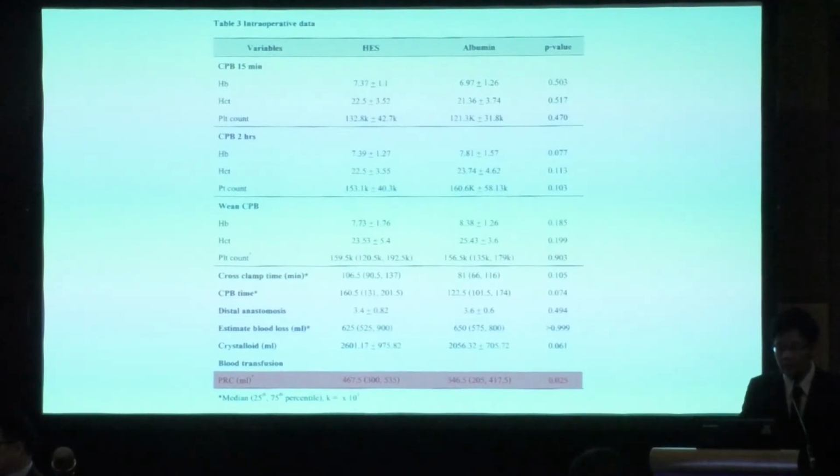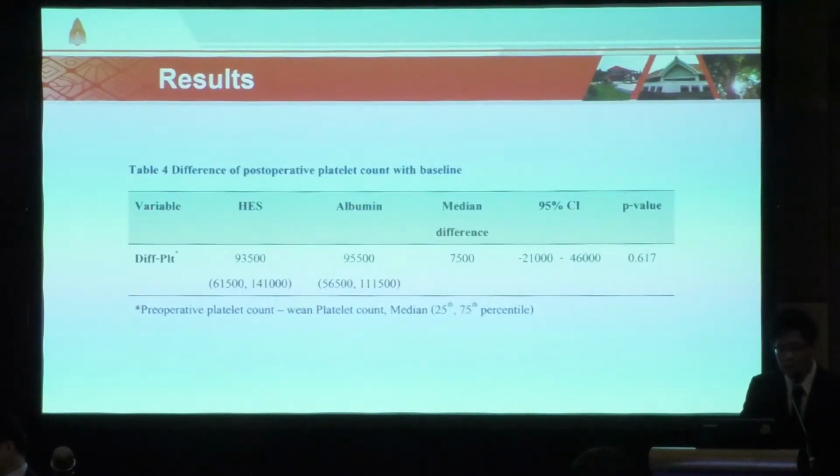There was no significant difference in intraoperative estimated blood loss between the two groups. However, patients in the hydroxyethyl group received intraoperative blood transfusion more than the albumin group. And there was no difference in the decrease of postoperative platelet count compared with baseline between the two groups.